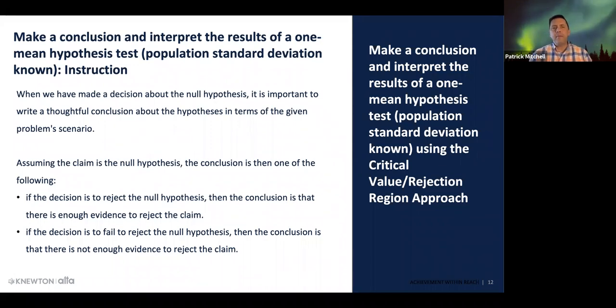So if the claim is the null hypothesis, then your conclusion should have one of these forms. If the decision is to reject the null hypothesis, then the conclusion is that there is enough evidence to reject that claim. On the other hand, if the decision is to fail to reject the null hypothesis, then the conclusion is that there is not enough evidence to reject the claim.